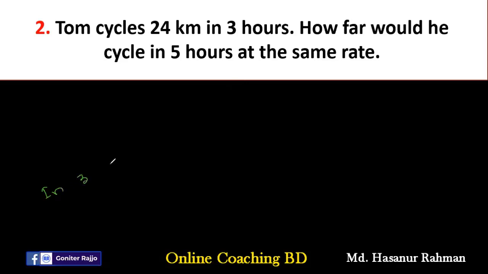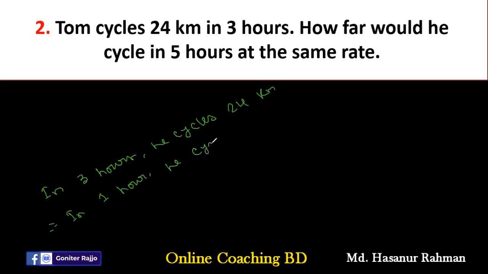In 3 hours he cycles 24 kilometers. Therefore, in 1 hour he cycles 24 divided by 3 kilometers. Then we have to find out how far he would cycle in 5 hours.